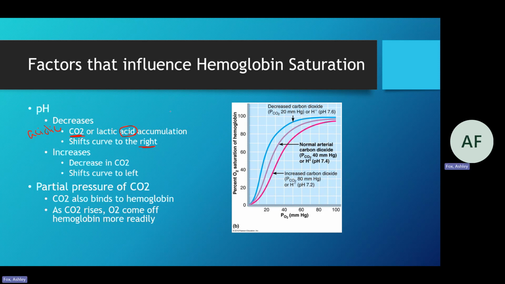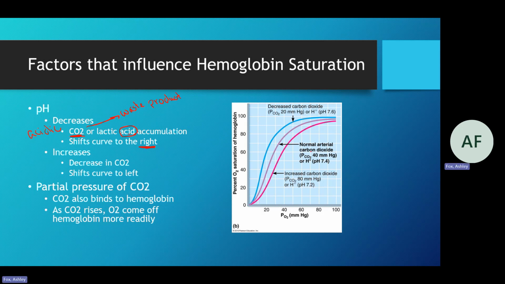If you have an increase of carbon dioxide, then you're probably having an increase in metabolism, an increase in making ATP. Because remember, carbon dioxide is the waste product. Also, lactic acid accumulates when you have more anaerobic respiration because you're not getting enough oxygen. So in both of these conditions, you want more oxygen in the tissues. So it's going to again shift the curve to the right.